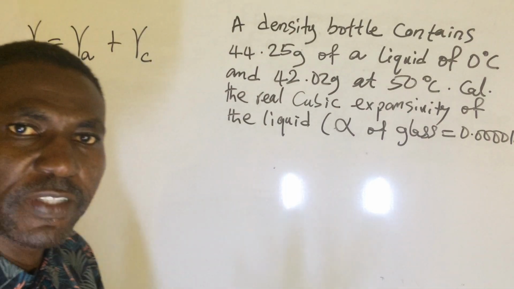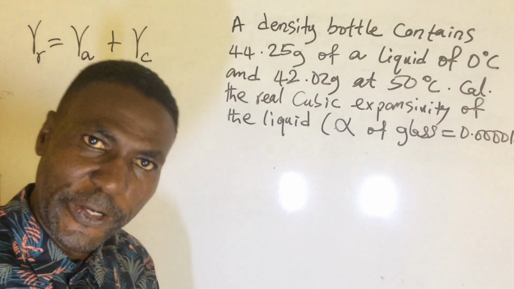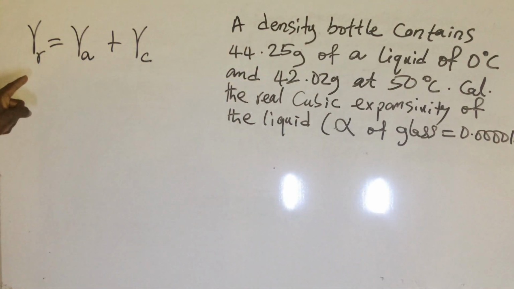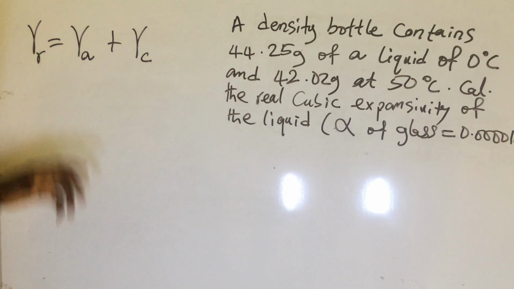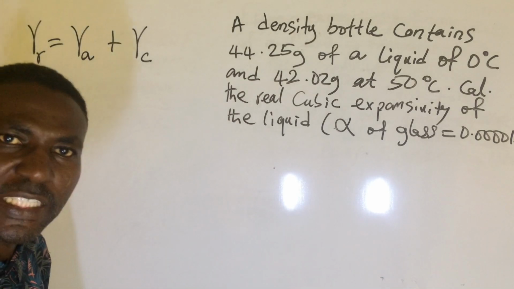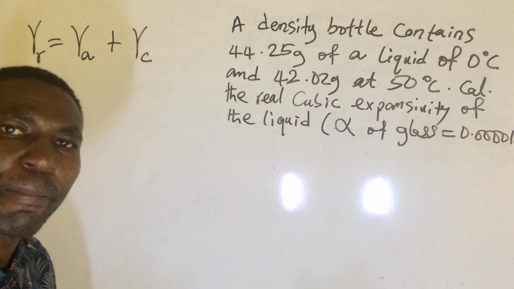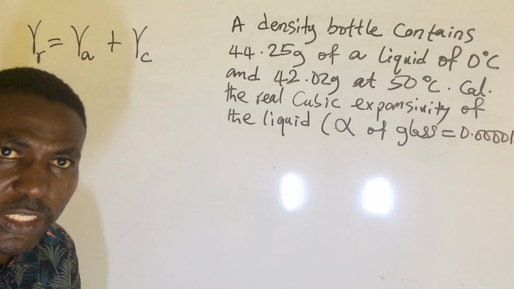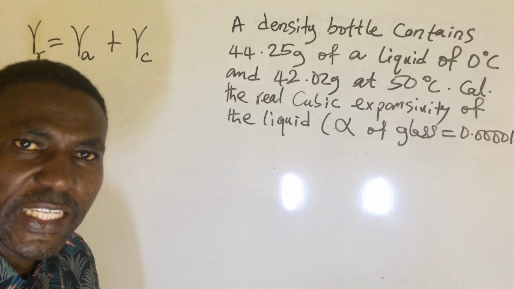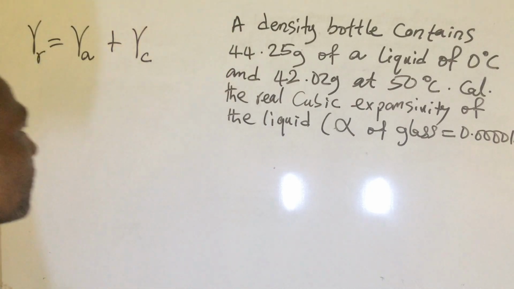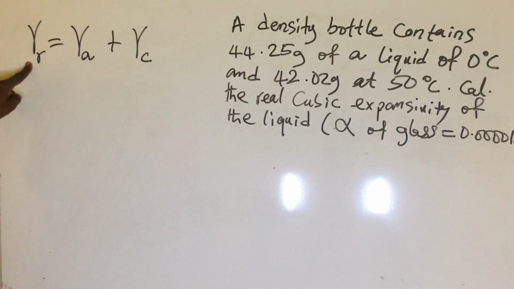So the real cubic expansivity of the whole system is equal to the apparent cubic expansivity of the liquid plus the cubic expansivity of the container holding the liquid. Now, this is what they say we should calculate.